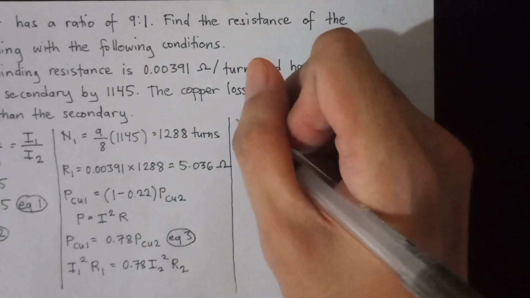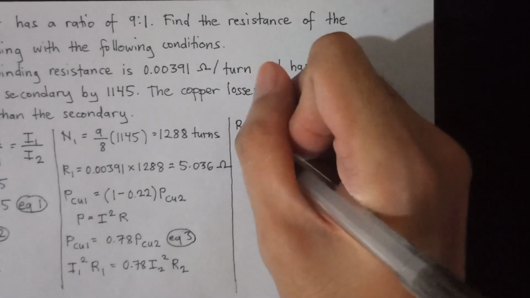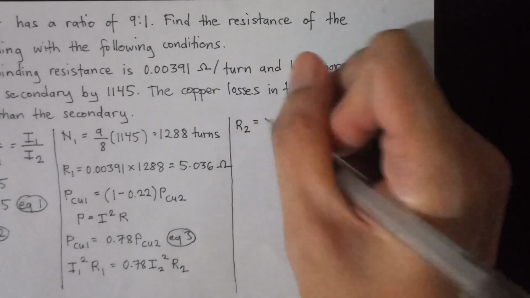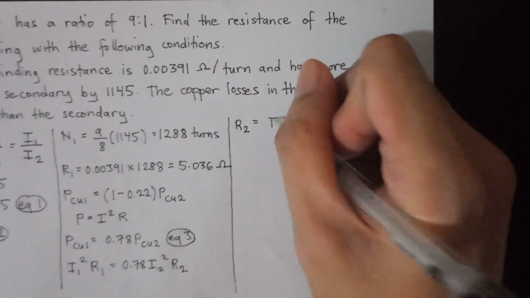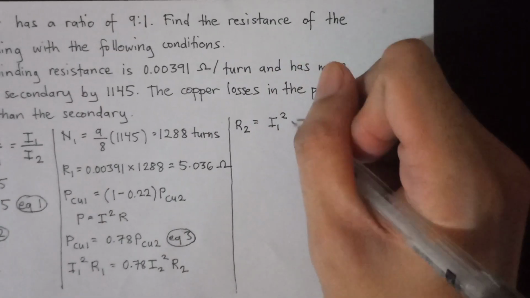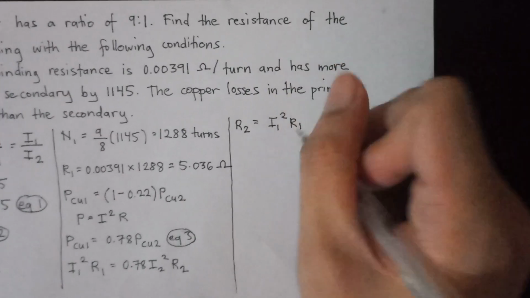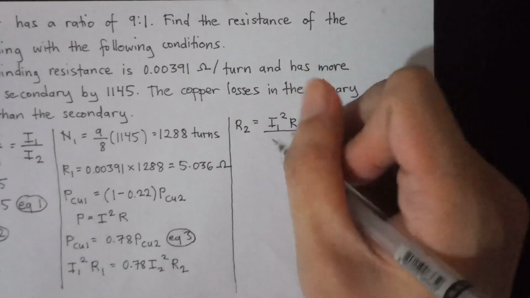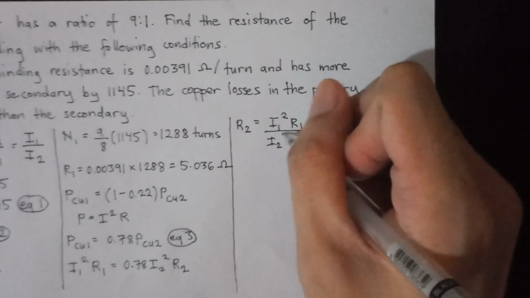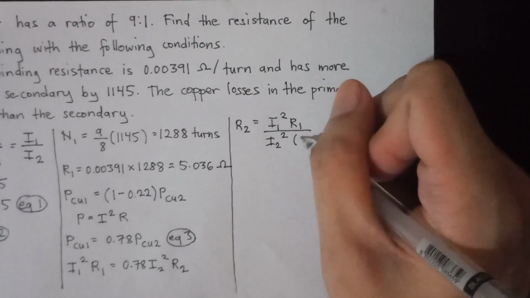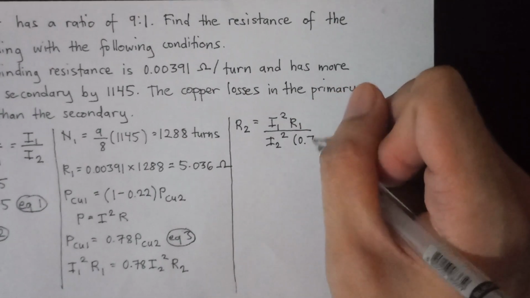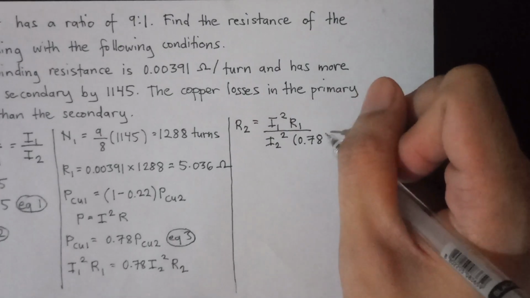So solving for that, R sub 2 is equal to I sub 1 squared times R sub 1 over I sub 2 squared times 0.78.